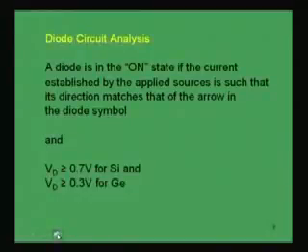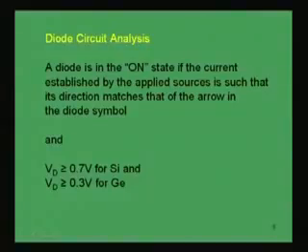So, now in the diode circuit analysis, when you will be applying a diode in an electrical circuit having other components as well, the diode will be in the on state if the current established by the applied sources is such that its direction matches that of the arrow in the diode symbol, and if the voltage applied across the diode is greater than or equal to 0.7 volt for silicon and 0.3 volt for germanium, then the diode will be on.